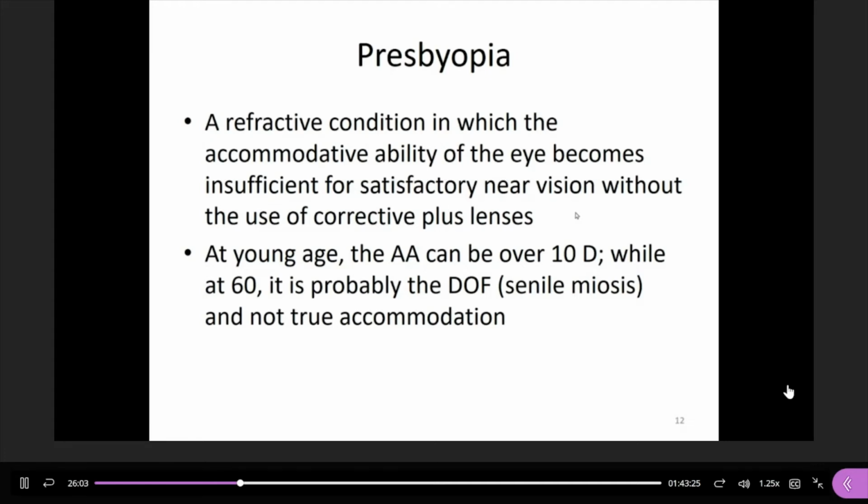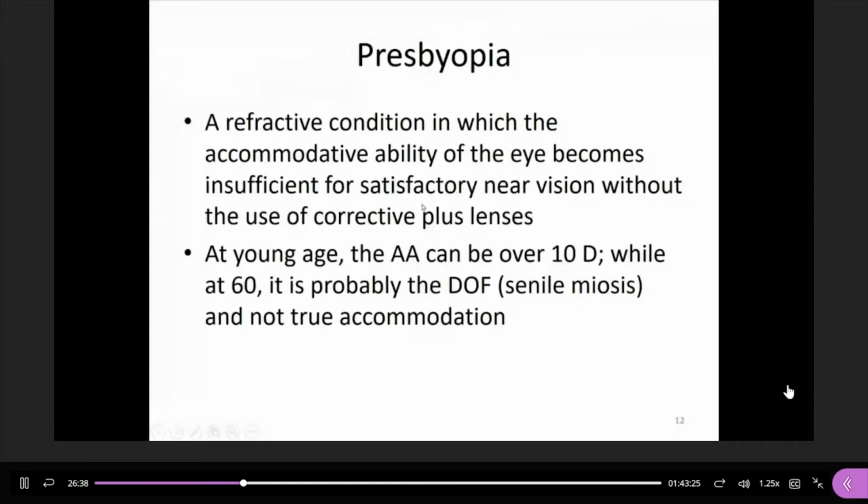Different patients may have different jobs, and the visual tasks may also be different. Some people may need very good near vision, some may not. That's why presbyopia is not like an absolute condition. It is subject to whether the patient needs to have good near vision or not, without the use of a corrective device.